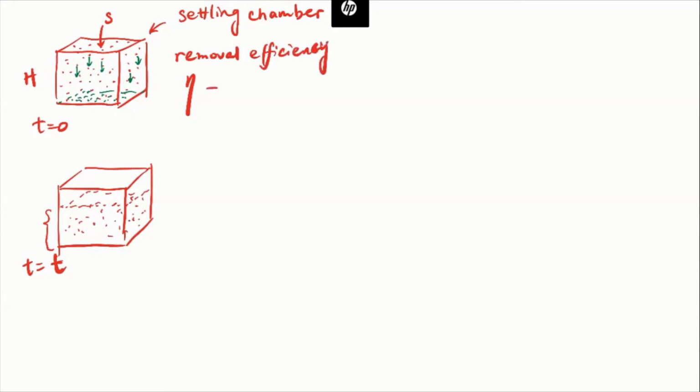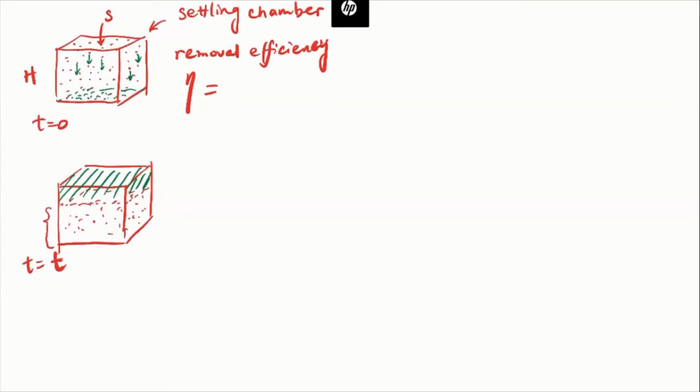For this problem, if we want to consider the removal efficiency, it's just the particles existing in this volume divided by the total volume, because after all, it's these particles being removed. The particles originally existing in this volume basically got settled down to the base, right?